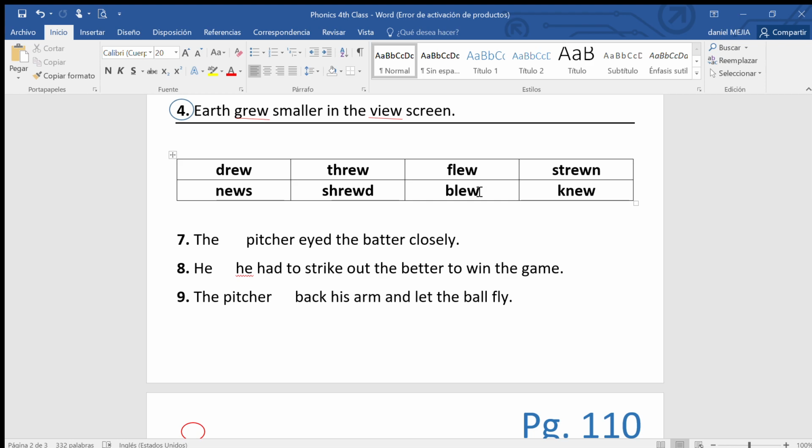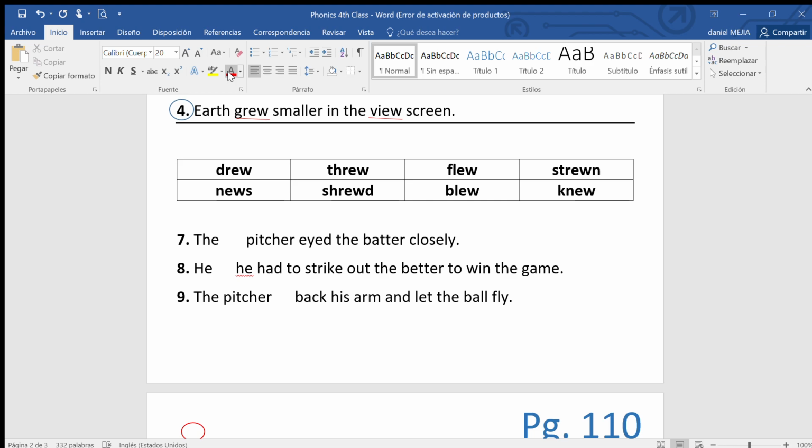Any idea what is blew? Blow, like blowing. I hope that you could listen to that, okay? Then we have new. What is new? The past of know.